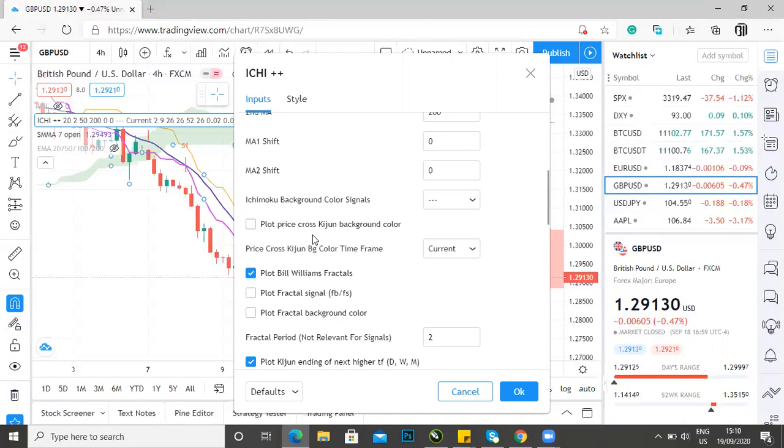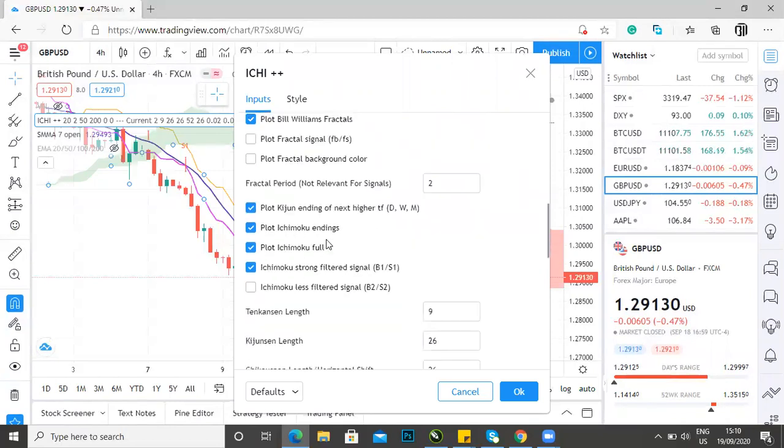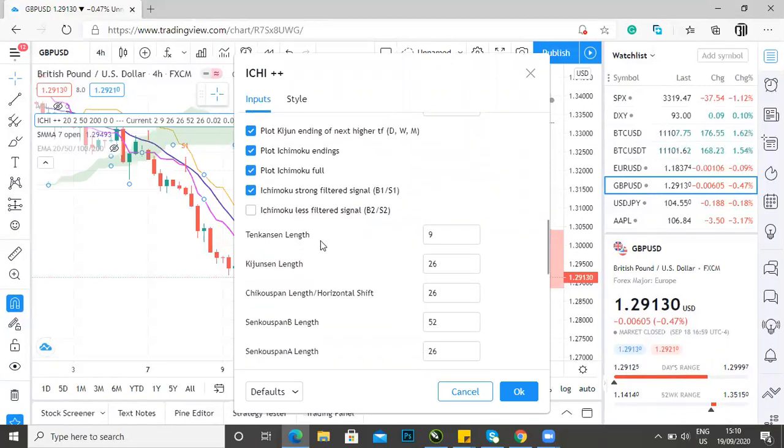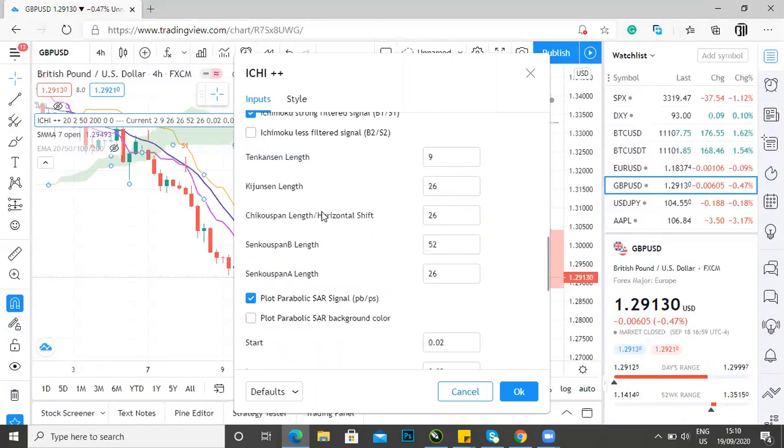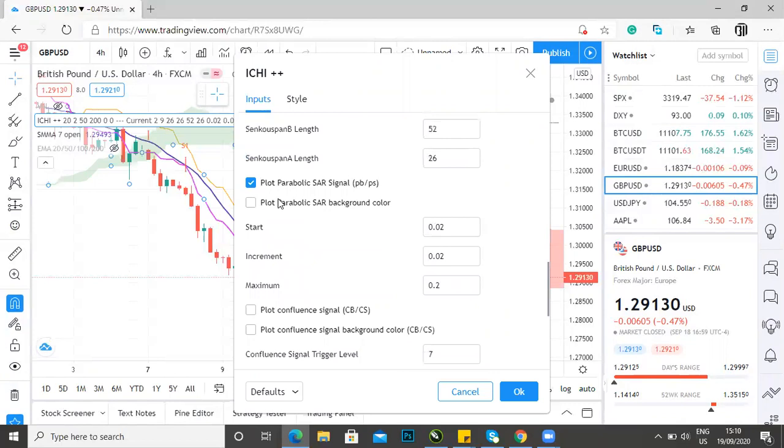It's very, very easy to use. Once you look at it, you will know the trend of the market. This is the parabolic signal from the Ichimoku Plus Plus that we talked about the last time.